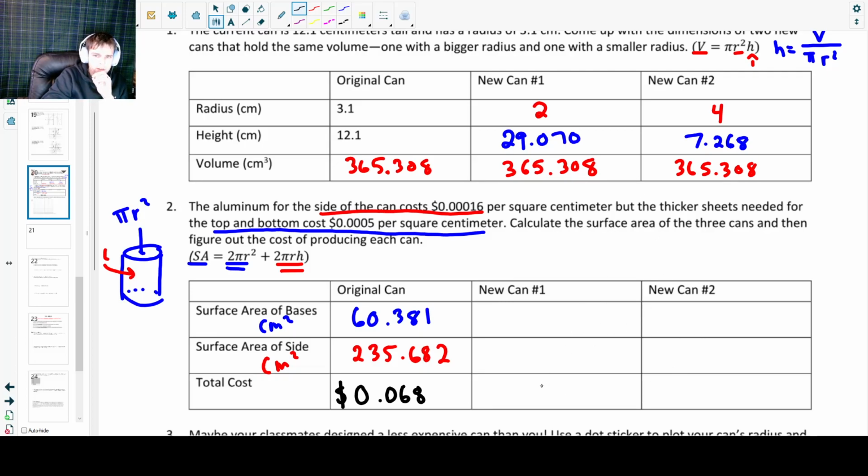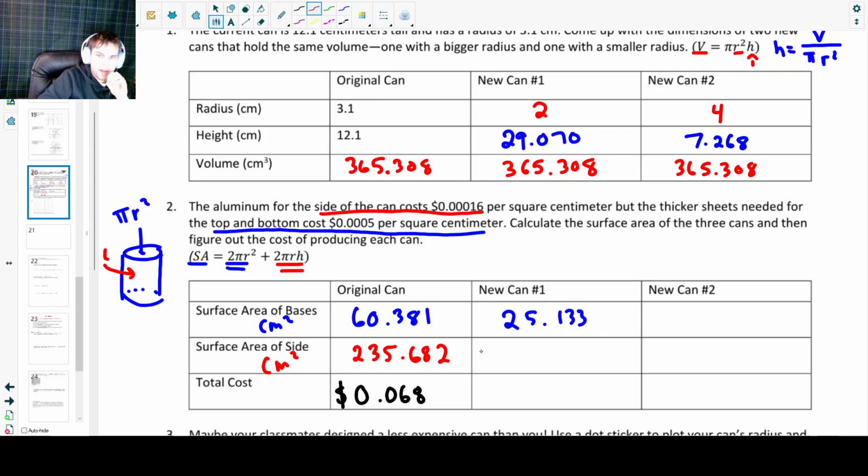So now let's go ahead and compare that to these other cans that we've come up with. So I'm going to change some of the values in my various formulas. So for the first one, calculating new bases. Now our bases are going to be a little smaller here because we have a smaller radius. So with a radius of 2, I'm using the new can 1. We have a total surface area of 25.133 cm squared.